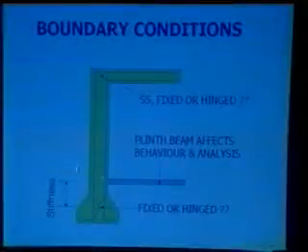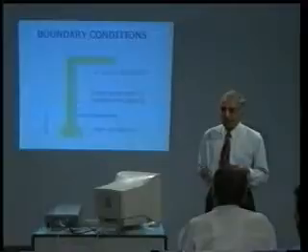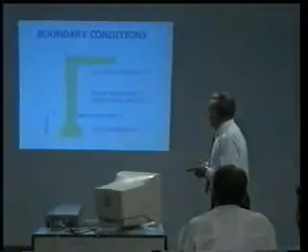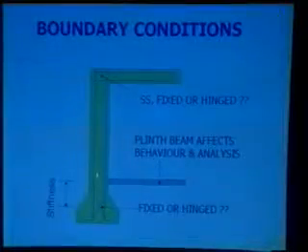Then you have a very commonly observed problem of providing a plinth beam which is not originally catered for in the design. Now, this plinth beam imposes a lot of load over here, and this modifies the stiffness of this part as well as this part.